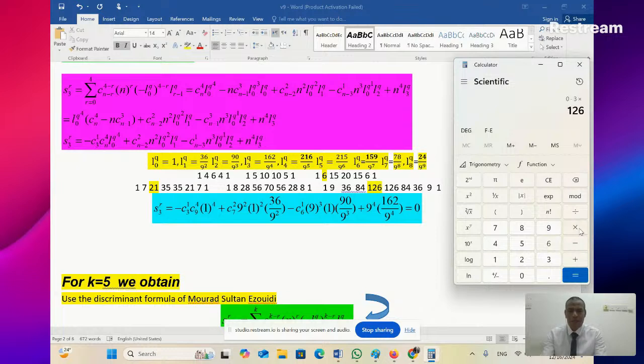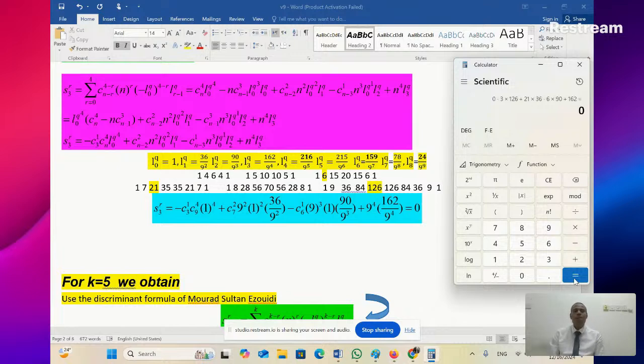Multiply 126, plus 7 choose 2 is 21, plus 21 times 36, times 36, minus 6 times 90, plus 162. This one, my kids, is going to be equal to 0. Therefore, it's a simple calculation.